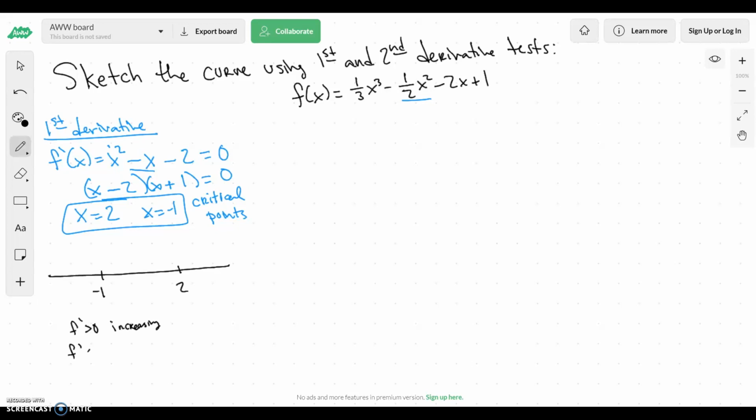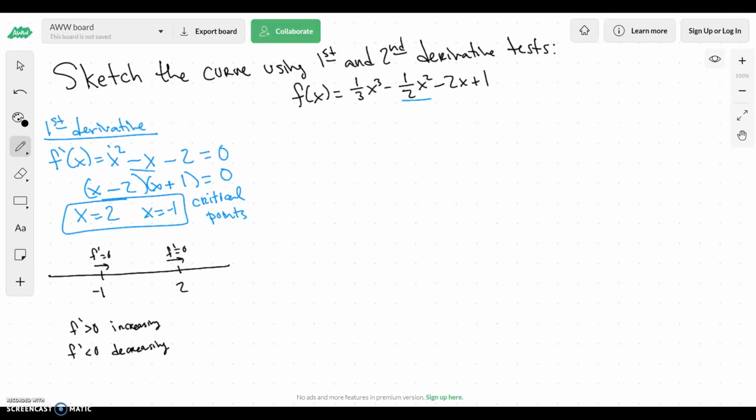If f prime is less than 0, I'm going to be decreasing. That just tells me what the slope of this curve is. Here my f prime is equal to 0, so it's not doing anything. It's just constant.